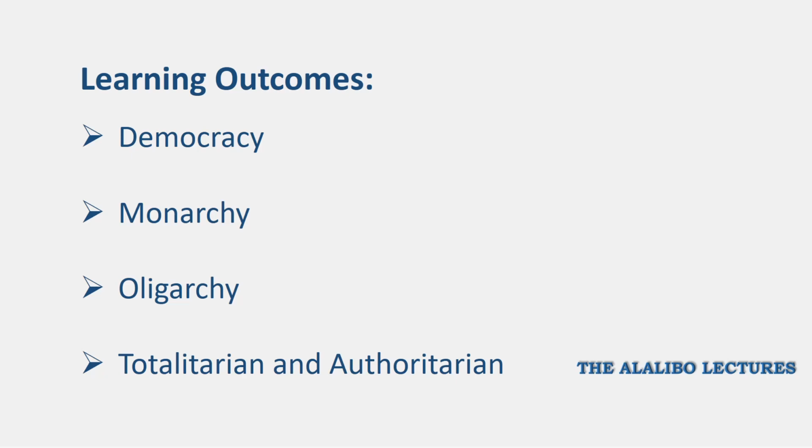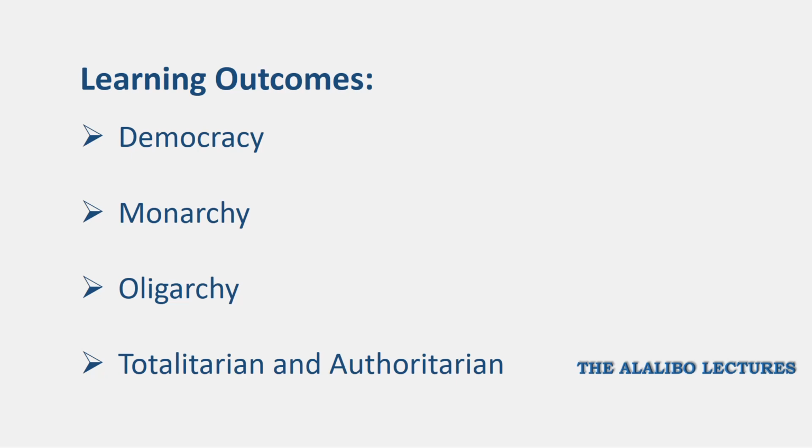Now, why is this important? It's because government takes care of the masses and government implements policies. Government has significant impact on the masses in many ways: economically, politically, socially, culturally, and the list is long.